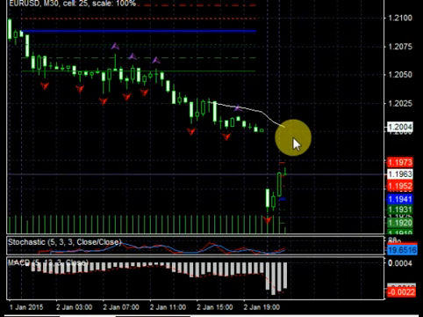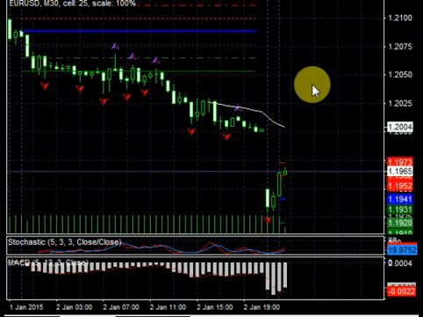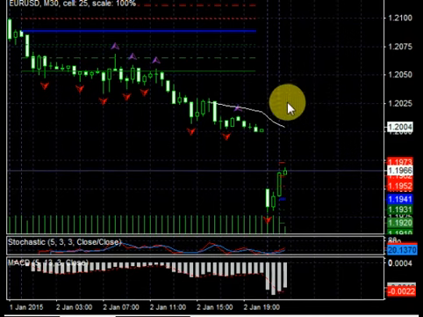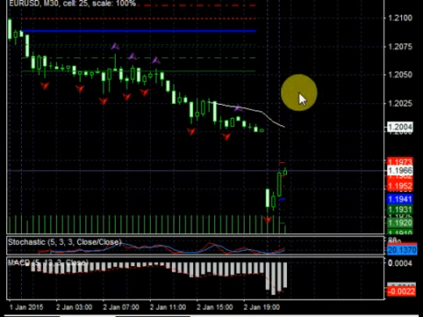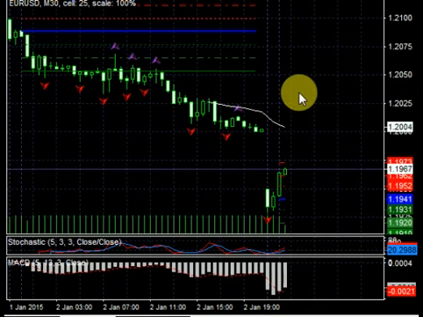So I may pick up a trend line and plot it just at this point, and it coincides with the trend line at that time. Let's see what happens now.